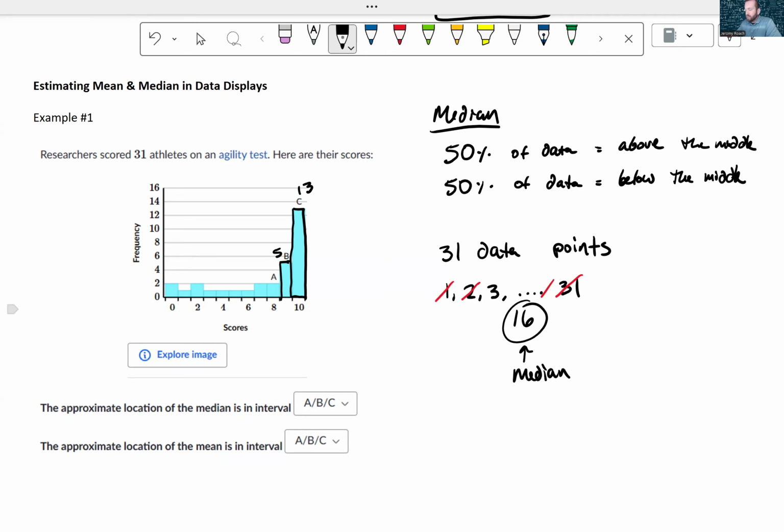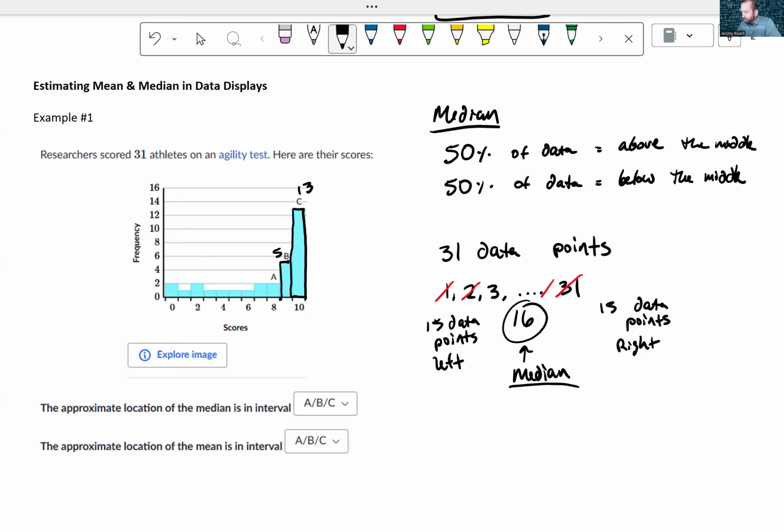So what the median tells us is we have 15 data points on the left and 15 data points on the right. So we have to figure out which interval the median is in.